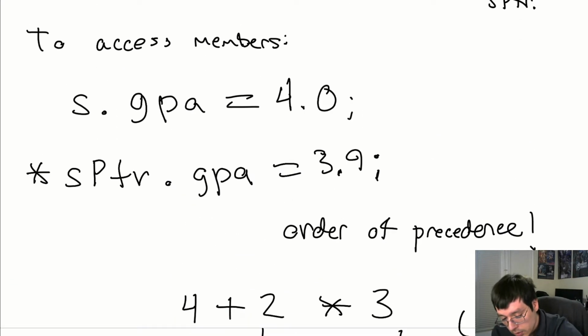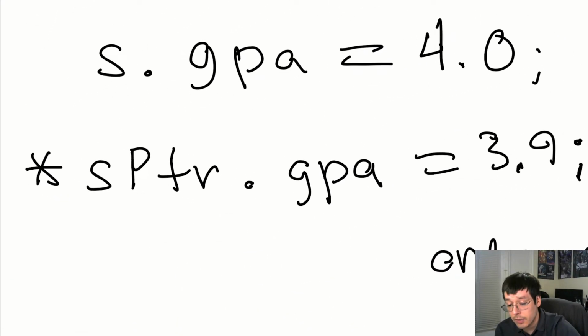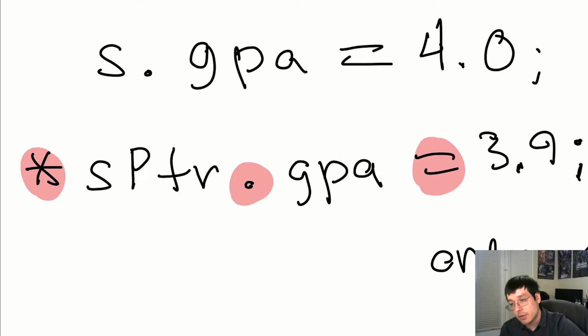In this line of code, you are actually using multiple operators, right? You have the assignment operator here. You have the member access operator here. And you have the dereferencing operator there. So you have three operators right there, okay? So which goes first?